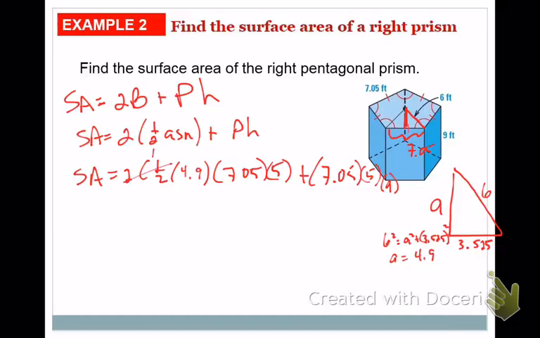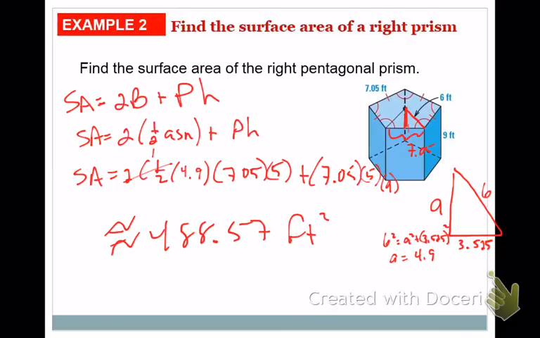So 1 times 4.9 times 7.05 times 5 plus 7.05 times 5 times 9. And if you were to do that, you would get about 488.57 feet squared.